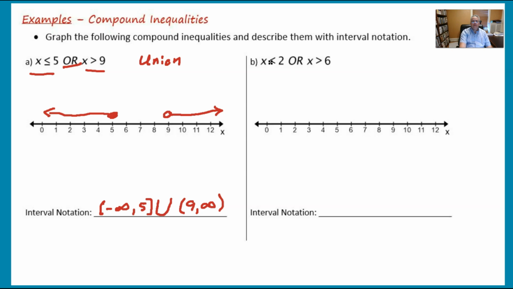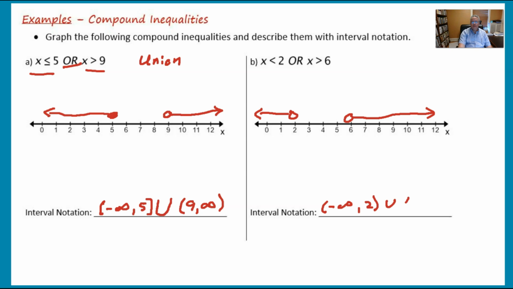All right, here we go. This one says x is less than 2. So I'm going to put a hollow dot at 2 and an arrow to the left. Or x is greater than 6. We have values that are either less than 2 or greater than 6. When we write this as interval notation, this first interval will go from negative infinity up to 2.